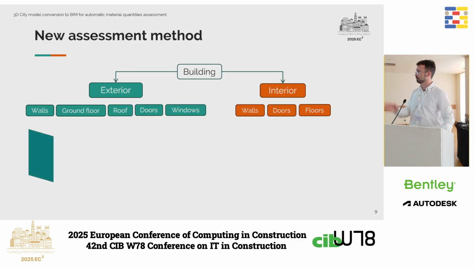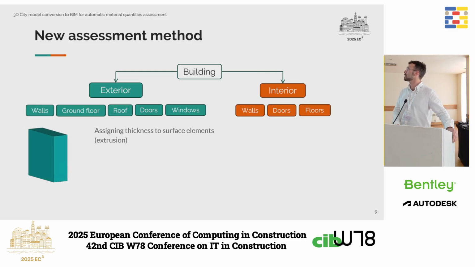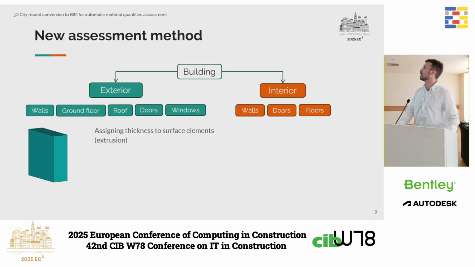intensity coefficients. So for the exterior, we take the surface, which is a representation of each element in CityGML file format, and basically extrude it for the amount of layer thickness.